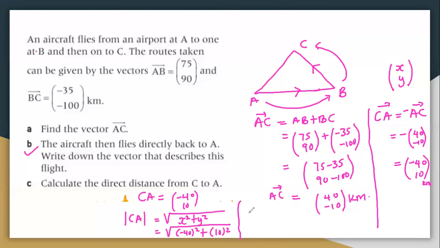That gives us root of 1,700. So we can either leave it like that or write the answer as 41.23 kilometers. Now, in decimals, make sure you write to at least 4 decimal places.